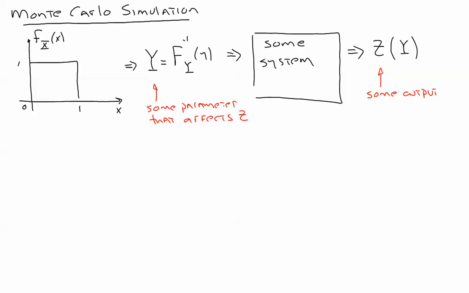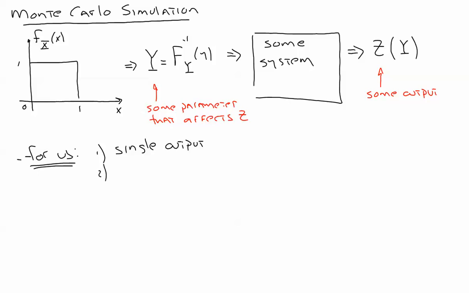For our discussion, we're going to limit our output. Our output will depend on only one random parameter. I should say it this way: we're going to look at a single output.